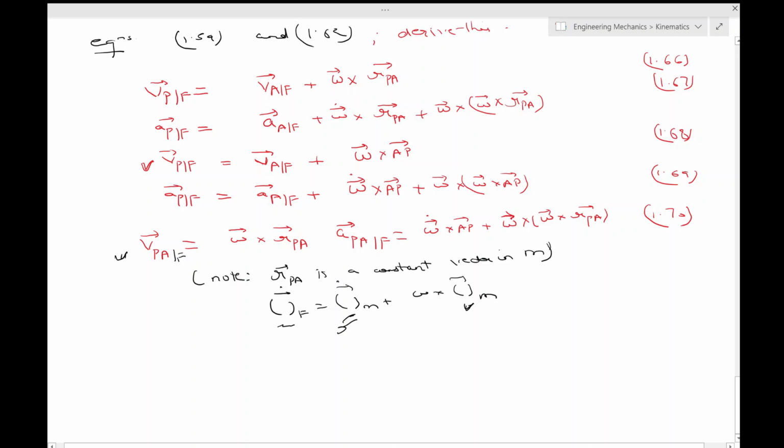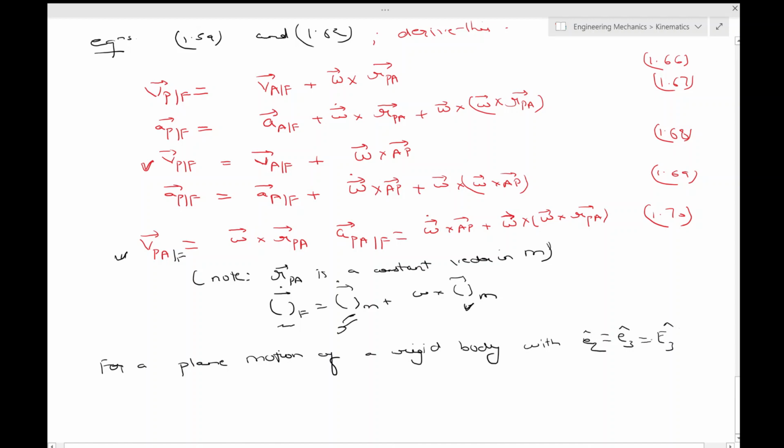So let's now take a plane motion for a rigid body. For a plane motion of a rigid body with Ez equal to E3.